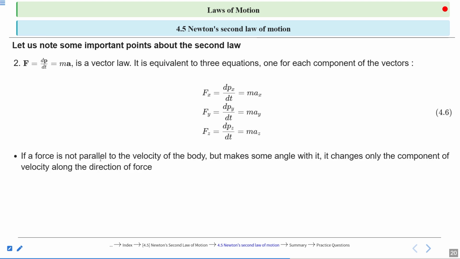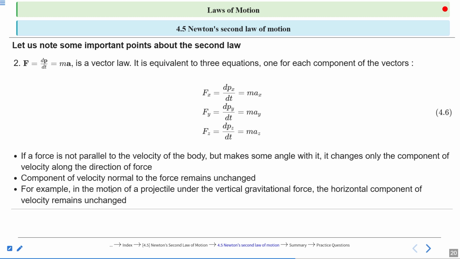If a force is not parallel to velocity of the body but makes some angle with it, it changes only the component of the velocity along the direction of force. So component of velocity normal to the force remains unchanged. For example, in the motion of a projectile under the vertical gravitational force, the horizontal component of velocity remains unchanged.